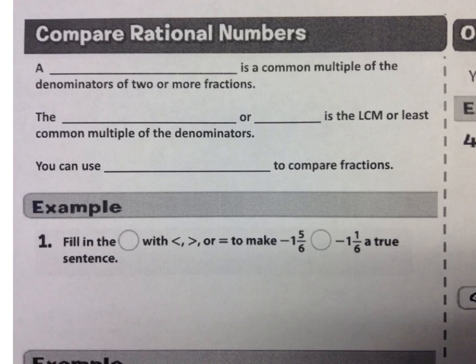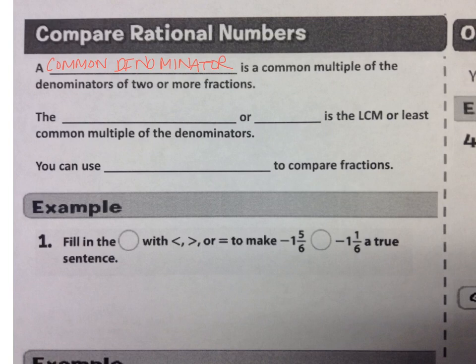Comparing rational numbers. A common denominator is a common multiple of the denominators of two or more fractions.